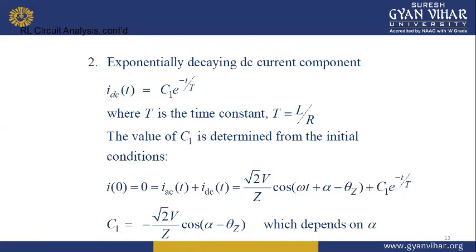By substituting t equal to 0, we find that C1 is equal to root 2 V upon Z cos of alpha minus theta z, which depends on alpha, where I've told you that alpha decides the instant value of the voltage.